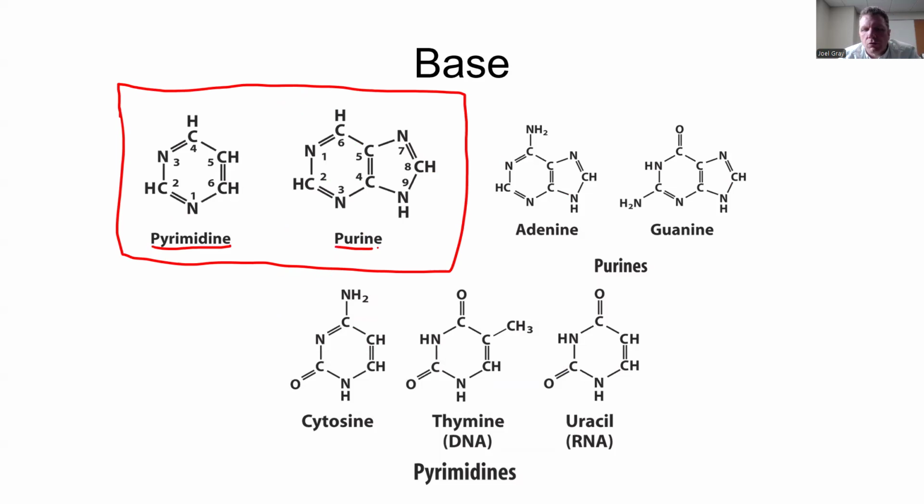And then you have a two-ring structure. These are known as purines. Now, your purines are adenine and guanine. Your pyrimidines, well, there are three major pyrimidines: cytosine, thymine, and uracil.